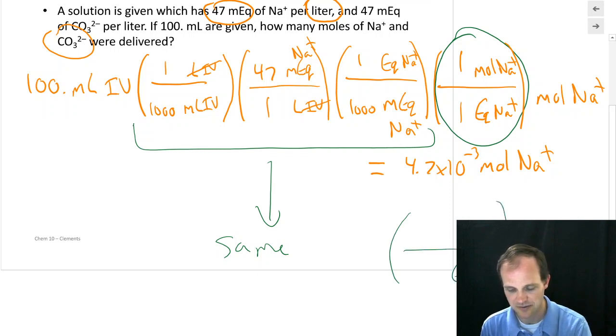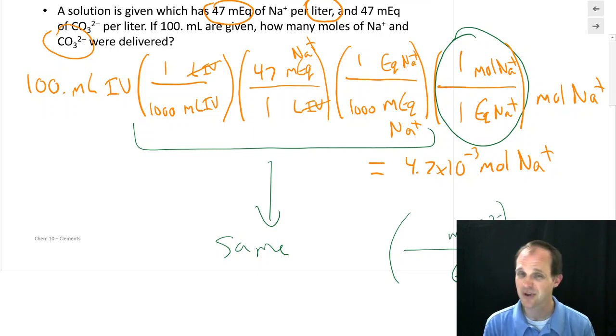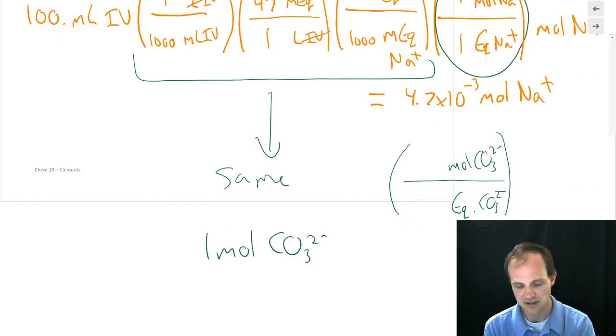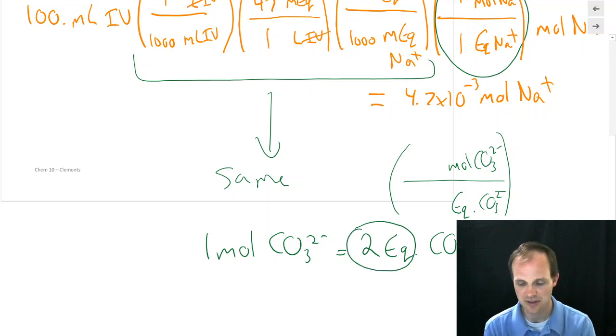And we've got equivalents of carbonate and moles of carbonate. And if you can't remember what goes where, you can always write down the definition. 1 mole of carbonate is 2 equivalents of carbonate. And then remember that numbers stay attached to their unit. So this 2 goes down here, this 1 goes up here.